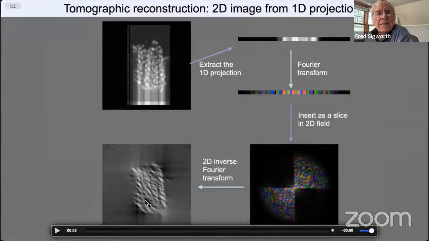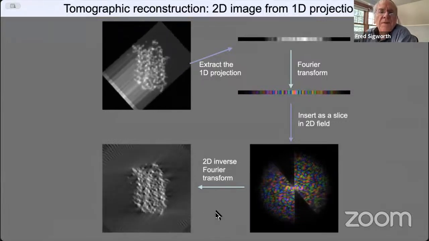The resolution is good in this direction, but not in that direction. And this is exactly the missing wedge problem, right? Because we're missing half of the signal in the Fourier domain, and we have these two wedges where there's no signal at all, and that gives us a kind of poor reconstruction.